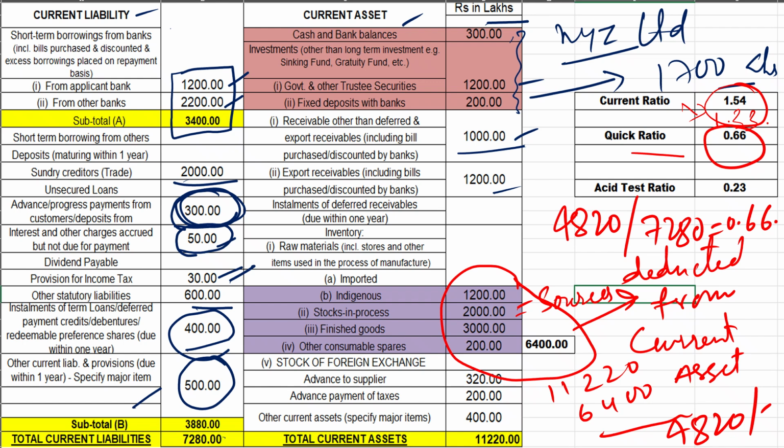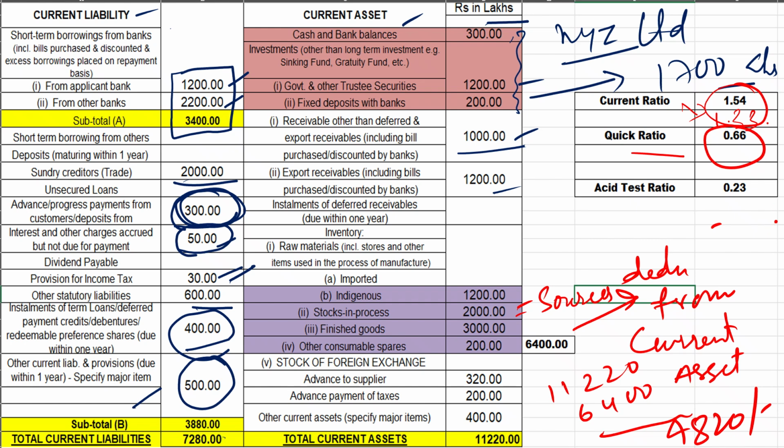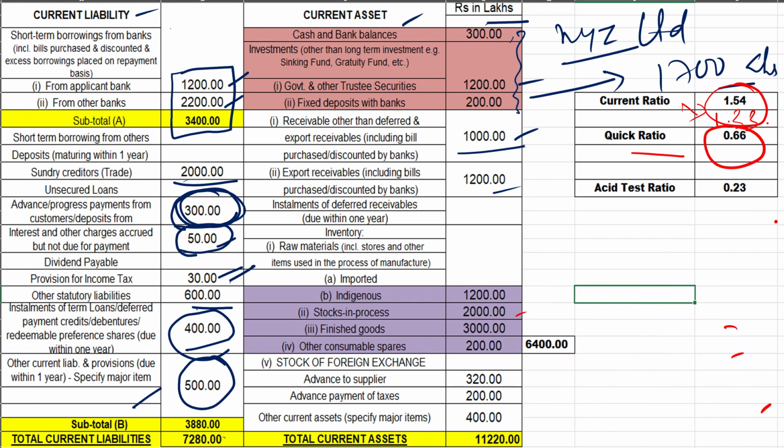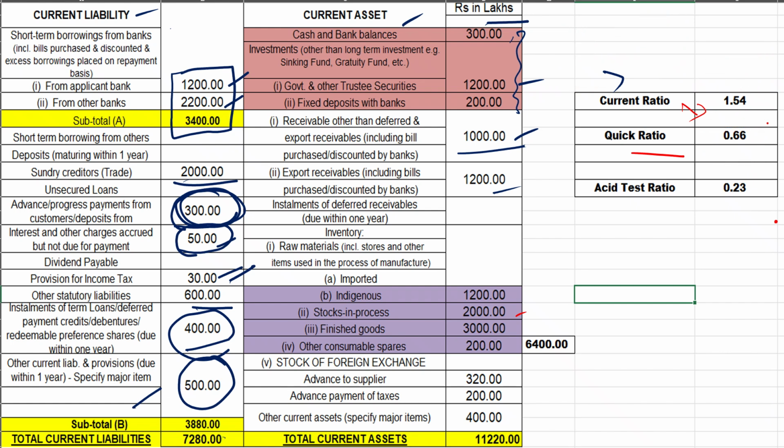Okay. Now the acid test ratio. The acid test ratio measures the further liquidation of the company, how much more liquid the company is, and it doesn't take the total current asset into the picture. It only takes the cash equivalent. So this portion.